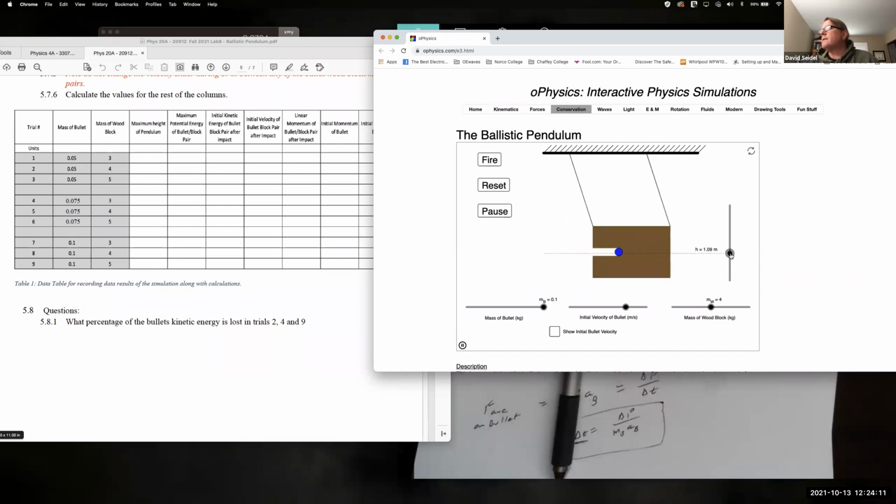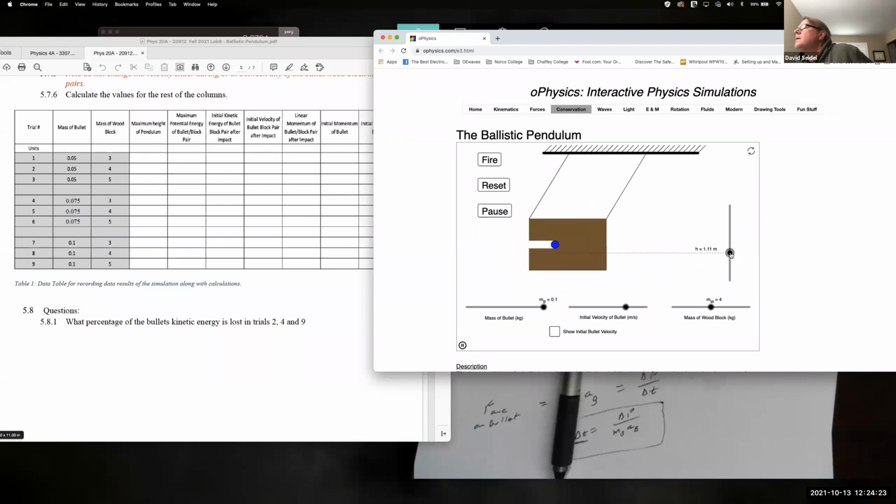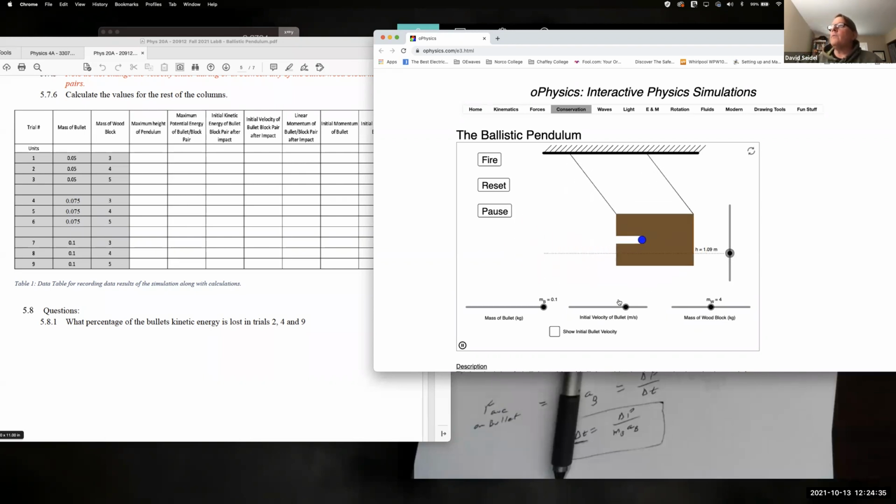I'm going to measure my height. That seems a little high. That seems about right. I'm going to call it 1.10.